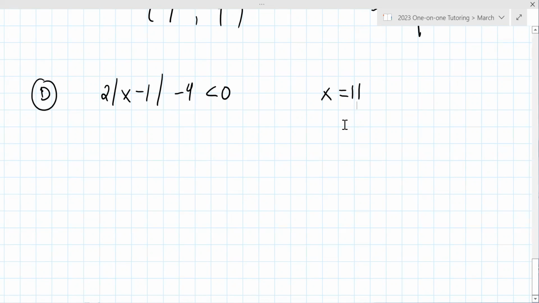I want you to put 11 in for x there and let me know your result on the left side, please. X minus 1 is less than 2. No, you've got to put that 11 in for x.